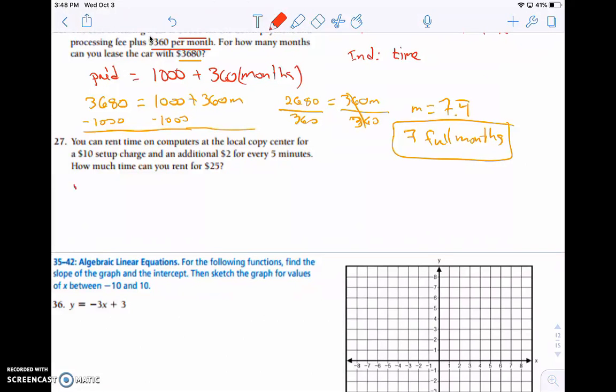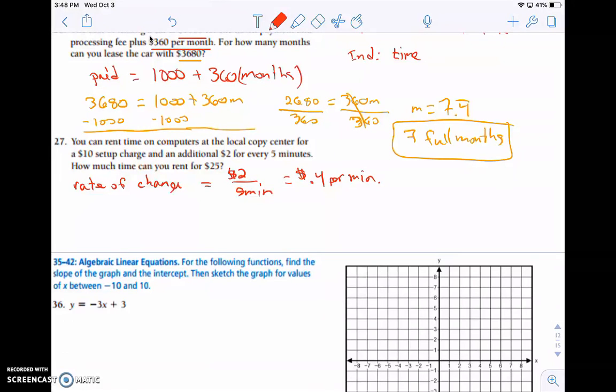Now the first thing we need to look at is our rate of change, because our rate of change is $2 for every 5 minutes. So that's going to be 2/5 dollars per minute, or $0.40 per minute.